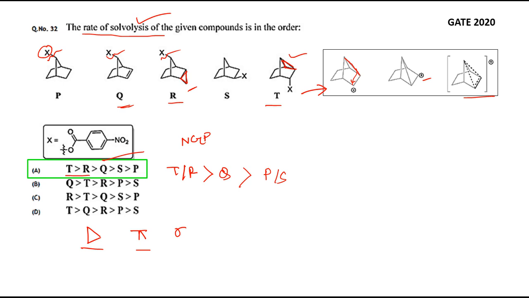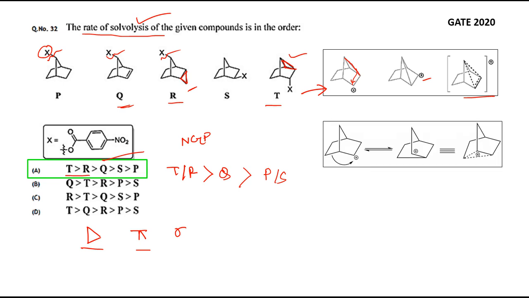For non-classical carbocation, I have also made a video which you will get in the playlist link. So this is the carbocation generated from T, and then this is the carbocation which will be generated from S. Here this C-C bond is breaking and making a new sigma bond, but you have to consider this average structure. Here the sigma bond is the NGP.